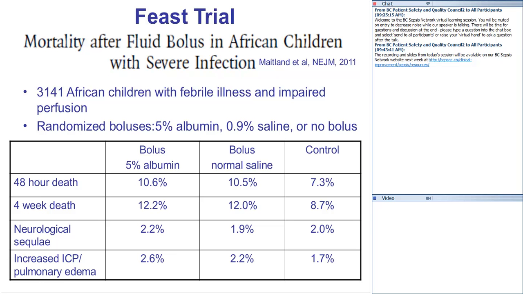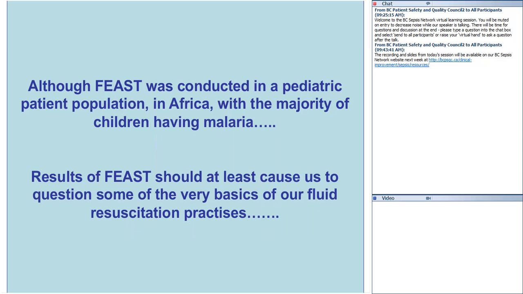So how can you generalize these data to North America and Europe, for example? But although it was conducted in this setting in a very different patient population in a low-resource area, I think that it should at least cause us pause and cause us to question potentially some of the very basic elements of how we give our fluid.